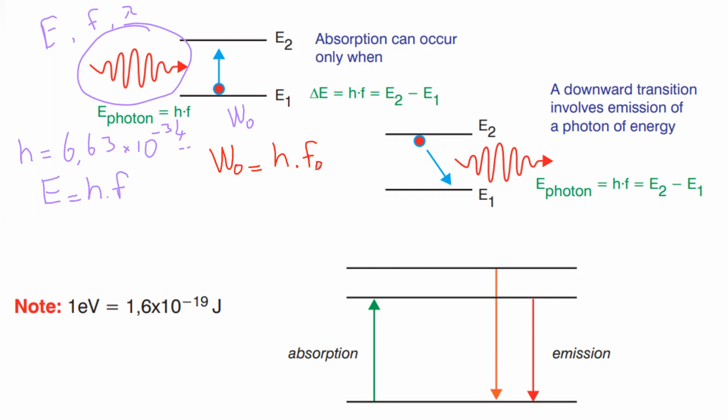This is the minimum frequency. Remember in that definition list, minimum frequency, hf0. We are trying to take this electron from a lower level to a higher level. To go up, it needs energy, taking energy from the photon. So the minimum is the work function, and this E must be higher than the work function.